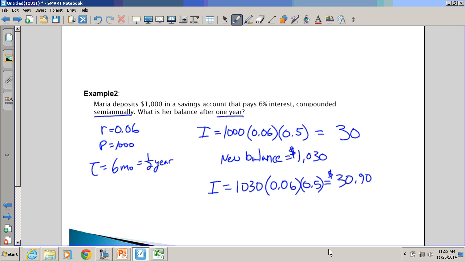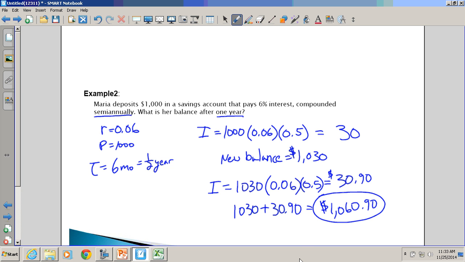It keeps compounding. The more you have in, the more interest you're going to make. So now my new balance, the balance after a year, is going to be this $1,030 plus $30.90. So I'm going to get $1,060.90. That's how much money is in the account after a year.